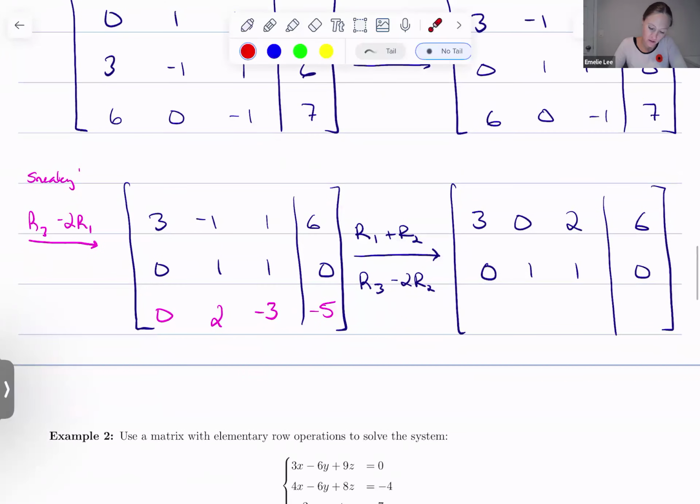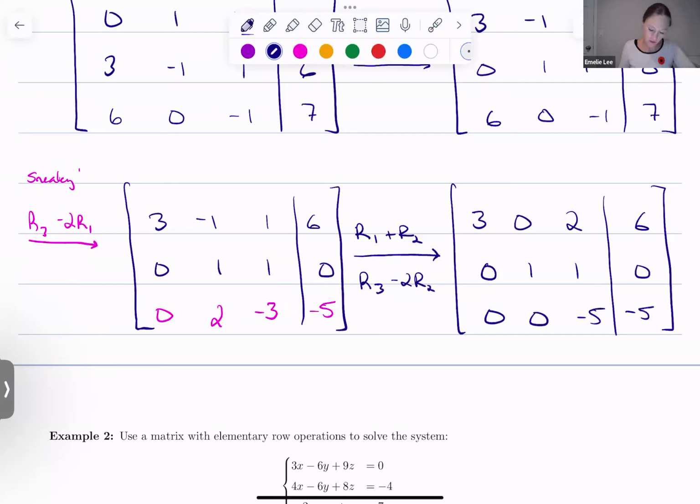And row 3 is going to take row 3 minus 2 times row 2. So 0 minus 2 times 0 is 0, so that one's fine. 2 minus 2 times 1 is 0. That was the goal, so that's good. Let's jot those down. -3 minus 2 times 1 puts me at -5. And then -5 minus 2 times 0 is still -5. So that's cool.